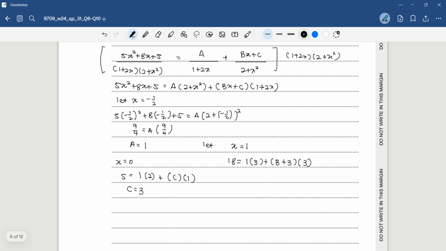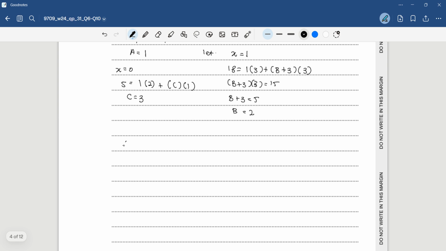So b plus 3 equivalent to 15. So b plus 3 equals 5, and my b equals 2.